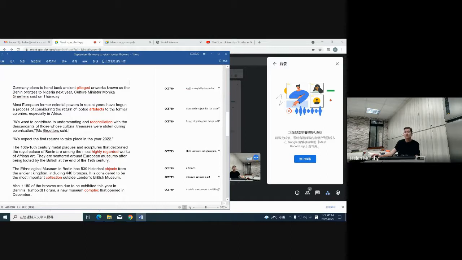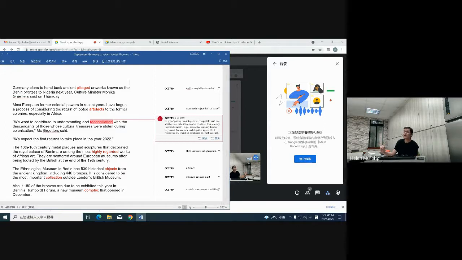Colonization means the process of colonizing another country or being colonized. Okay, so what they're seeking is reconciliation. So when we talk about reconciliation, you're talking about the act of having two things become compatible with one another.